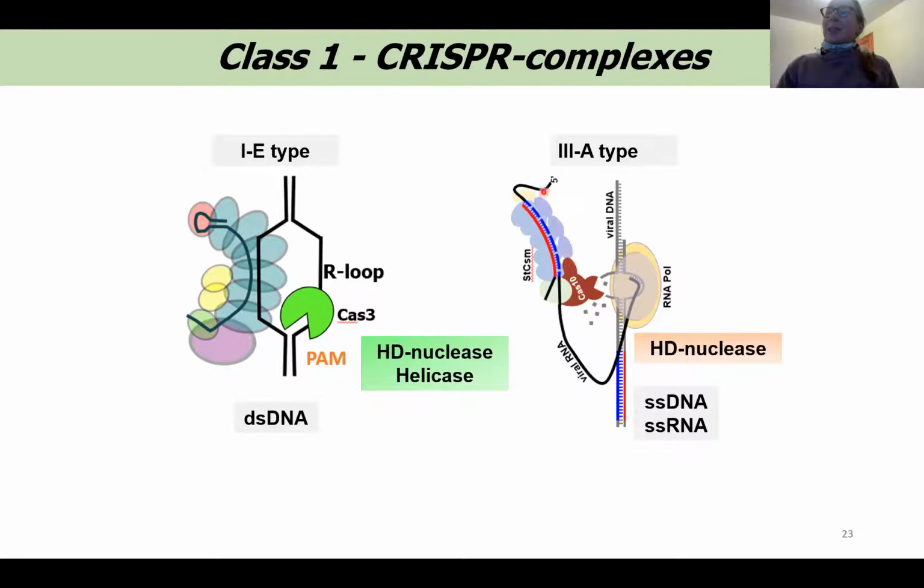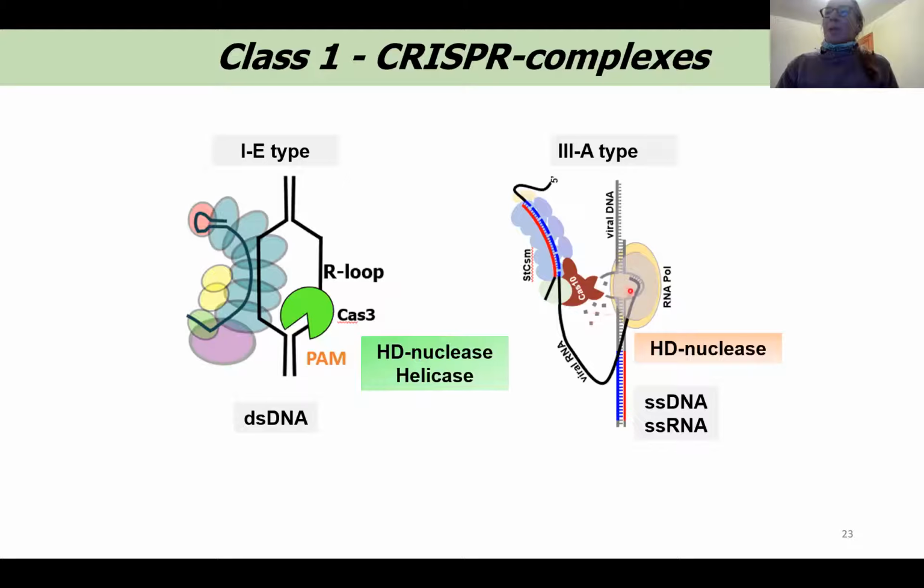Type 3 targets RNA, which is here the RNA transcript. This transcript is targeted by the complex and cleaved into pieces, which are labeled blue. And then after the transcription occurs, it can also target single-stranded DNA, maybe in the RNA polymerase complex.